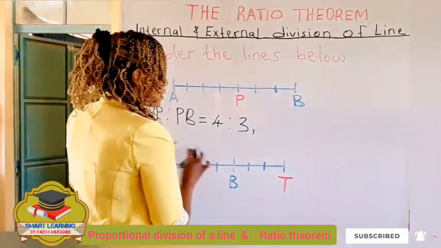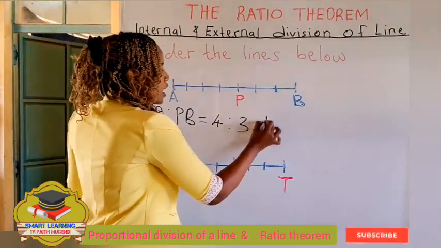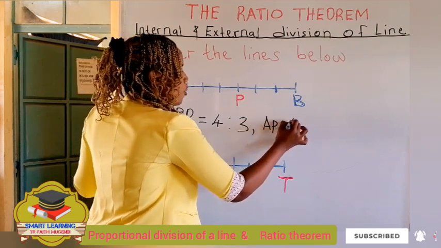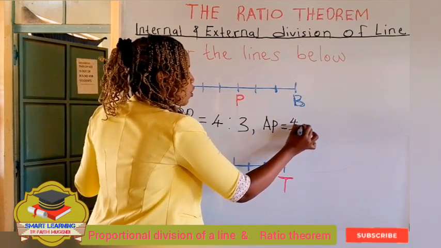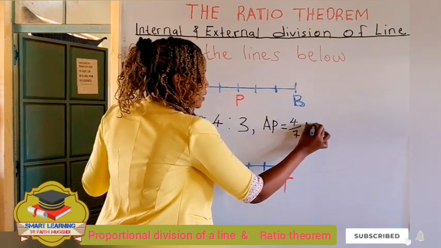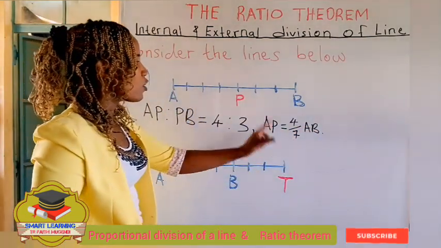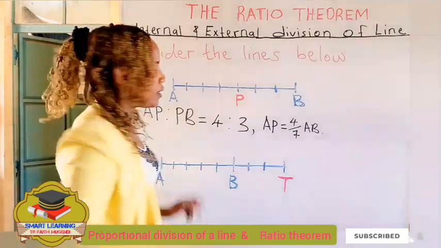We can also write this as AP equals 4 out of 7 of AB. So AP takes 4 out of 7 of line AB.